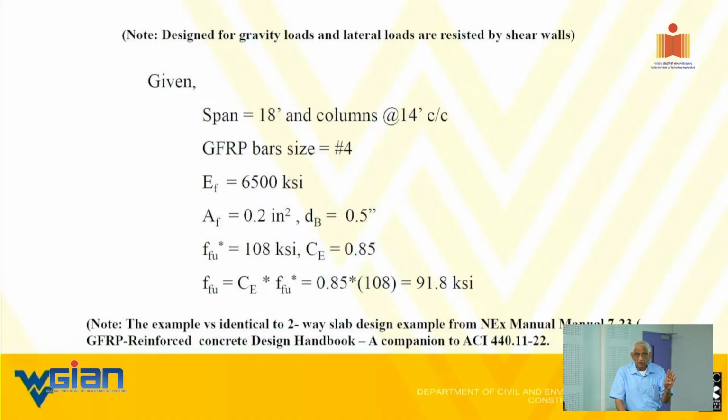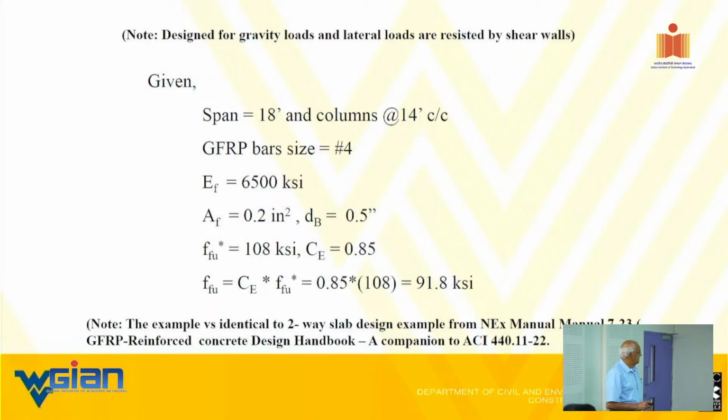And more importantly, what is the standard deviation? You see? So that could make a big difference. So the manufacturer will ensure the FFU will be at least this value. That is correct. Guaranteed minimum tensile strength. Right. Okay. So then we are further reducing it with this correction factor.